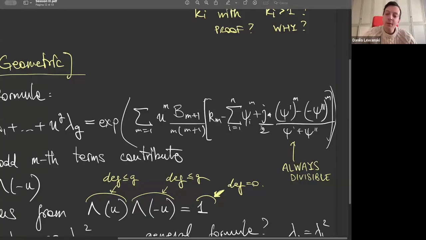And then you expect something that has to do with divisors or with nodes, because nodes are the main ingredient: if you iterate nodes, you're building stable graphs, right?